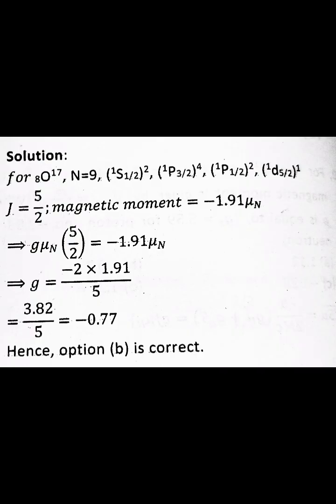Equating these two, we can write g mu n into 5 by 2 is equal to minus 1.91 mu n. Therefore, g is equal to minus 2 into 1.91 divided by 5, which is minus 3.82 divided by 5, and this is equal to minus 0.77. So the answer is option B.